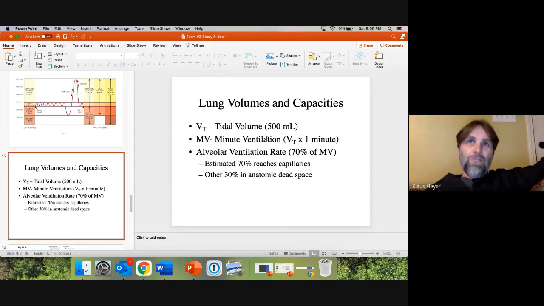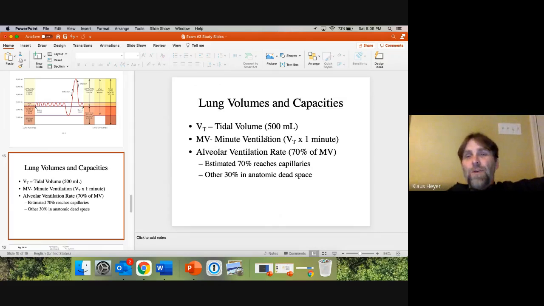So if we say 16 breaths, and each breath is 500 milliliters, then your minute ventilation is going to be about 8 liters, right? Look, I don't really care about you knowing numbers. Tidal volume, I'd like you to know that. I don't really care about minute ventilation, like knowing a number. I just want you to know it's tidal volume times breaths per minute.